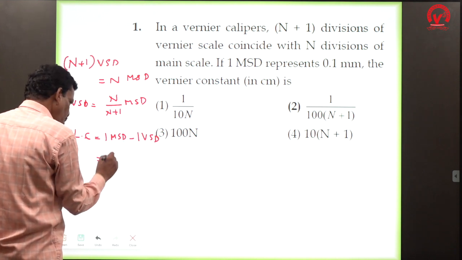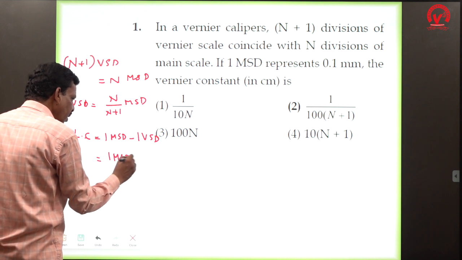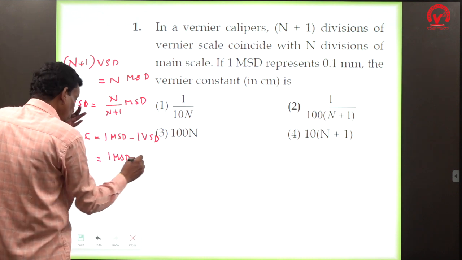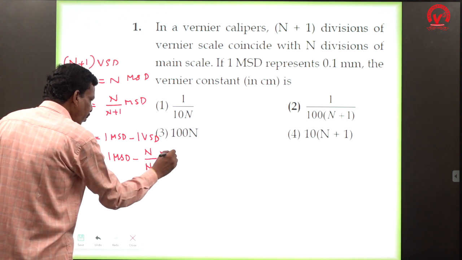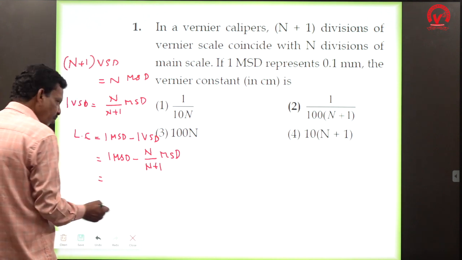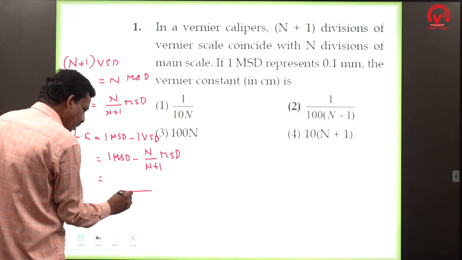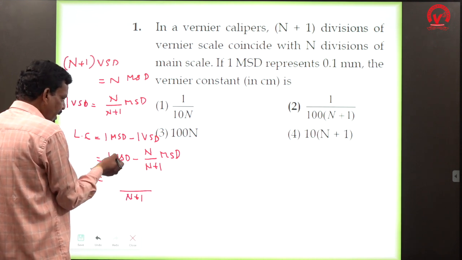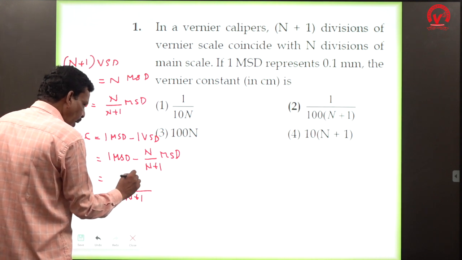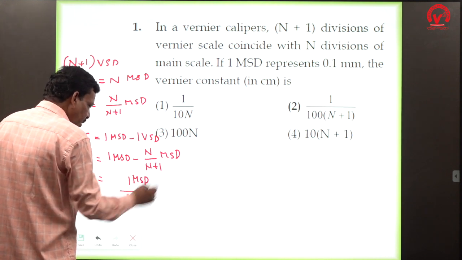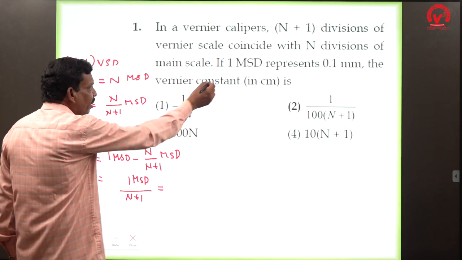That is 1 MSD minus n by n plus 1 MSD. Here we take n plus 1 LCM. What we get here? n plus 1, n cancel. We get 1 MSD. That is equal to what they are given for 1 MSD.